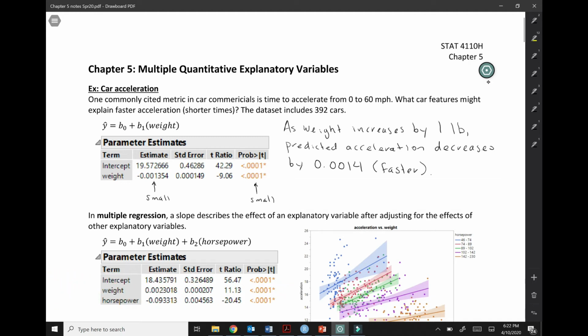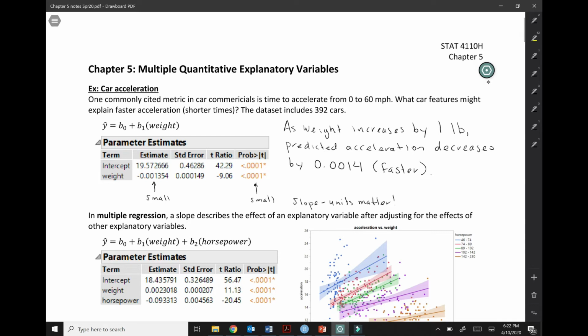All right, so this seems like a contradiction, that we would have a slope that's really close to 0, and yet we have strong evidence that the slope is not equal to 0. So there's 2 reasons for this. One is that, remember, when you're talking about slope, units matter, which I know I was a terrible example because I didn't put the units there in pounds. But if you think about the units here, an increase of 1 pound in the context of a car is a very small increase.